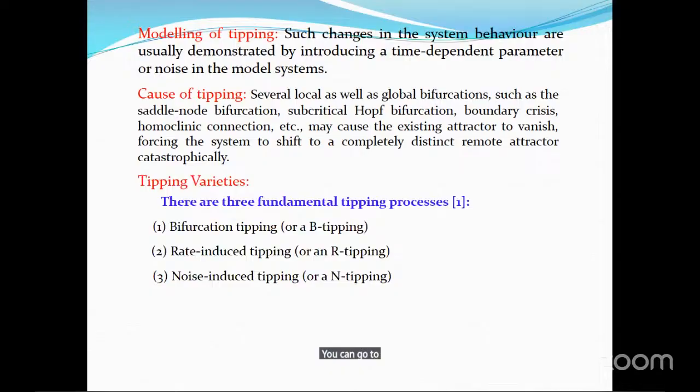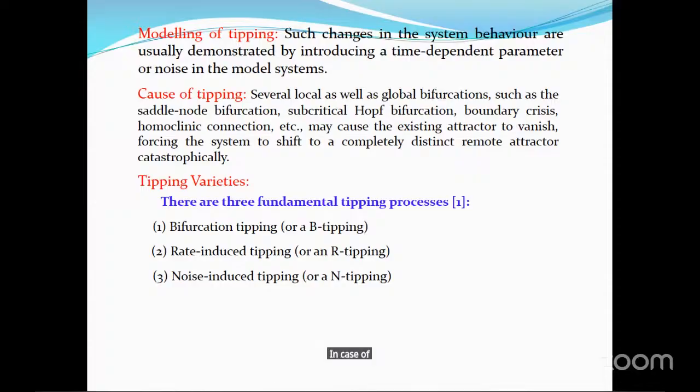So there are basically three fundamental tipping processes. One is called bifurcation-induced tipping, popularly known as BTP. The second one is rate-induced tipping or RTP, and the third one is noise-induced tipping or NTP.